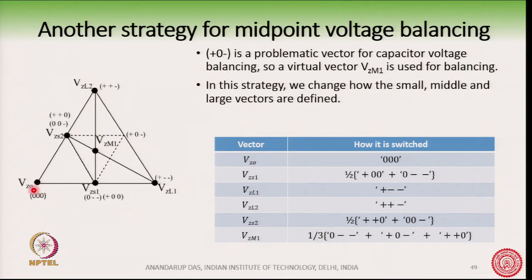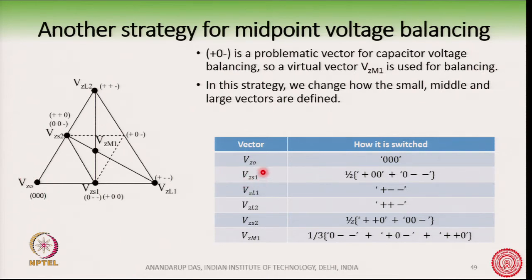Vz0 is this vector which is switched with 0 0 0 combination, plain and simple. In this strategy we are not going to use the plus plus plus or minus minus minus. So, we are going to use the 0 0 0 and indicate the Vz0 here.